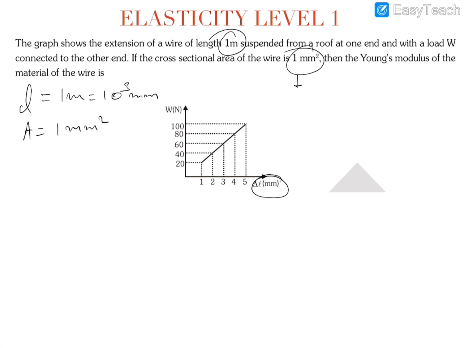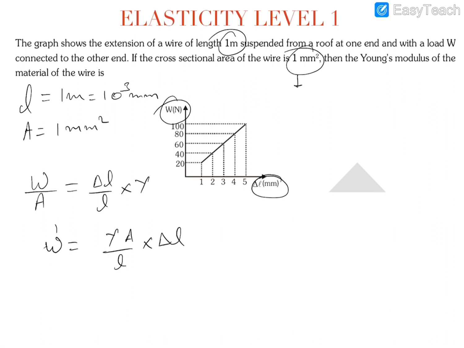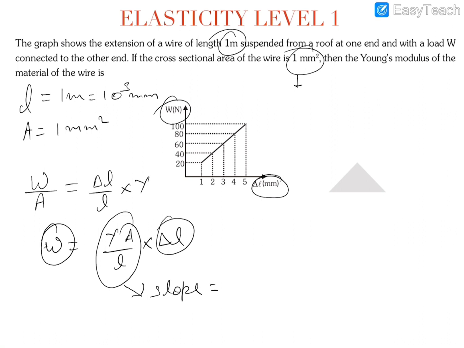Now we know that the weight applied on the wire upon area is stress, and stress is equal to ΔL by L into Y. So W is equal to YA by L into ΔL. So the graph between W and ΔL has a slope of YA by L. Now you can see that the slope of this graph is y upon x.